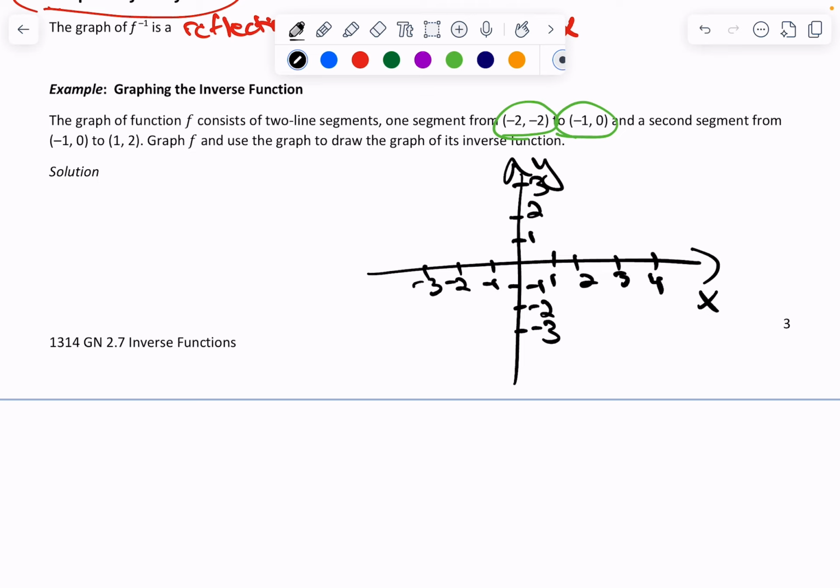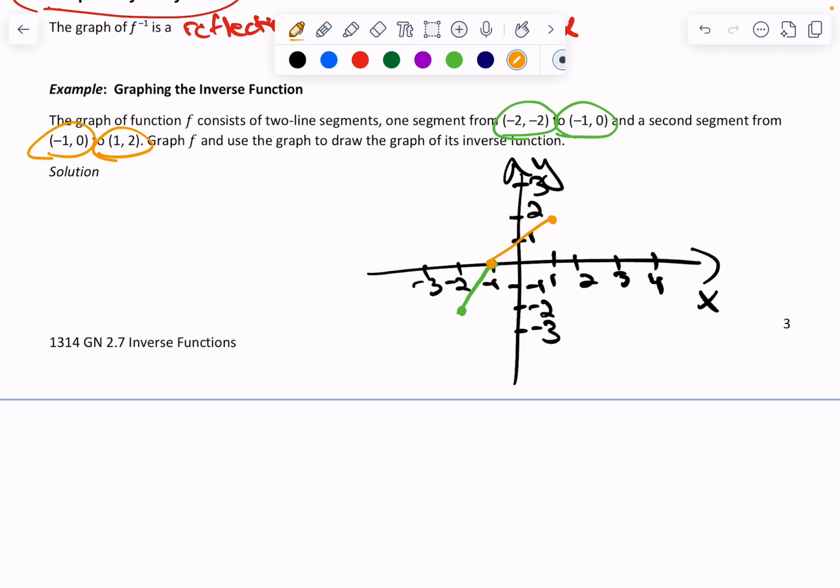So -2 and -2 is the point here, and then we've got -1 and 0. So that is the first segment. Now we have a second segment, which is from negative 1, 0 to 1, 2, right here. So this is graph f.